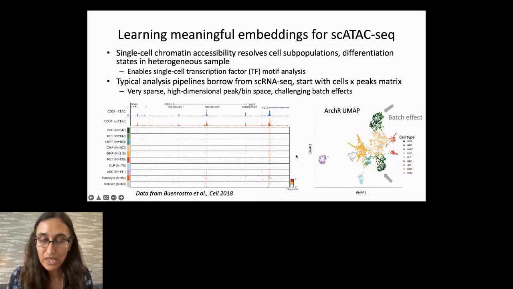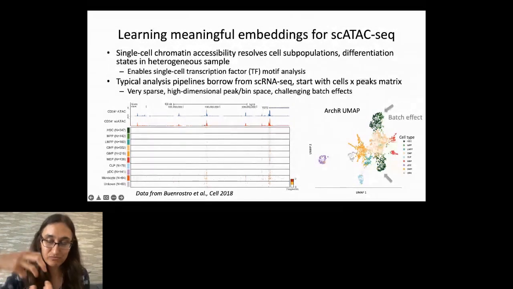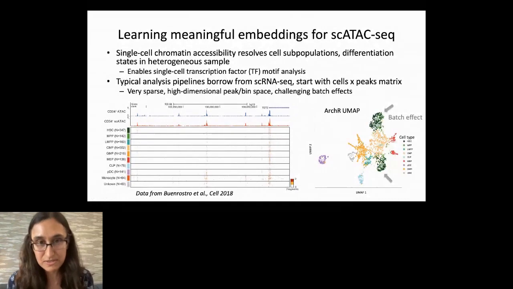And if you do a standard kind of processing, a dimensionality reduction from ArchR and nearest neighbor graph and UMAP, it looks nice, looks like some structure, but you actually have some severe batch effects. So these hematopoietic stem cells that are being pulled into 2 regions, they're from different donors.